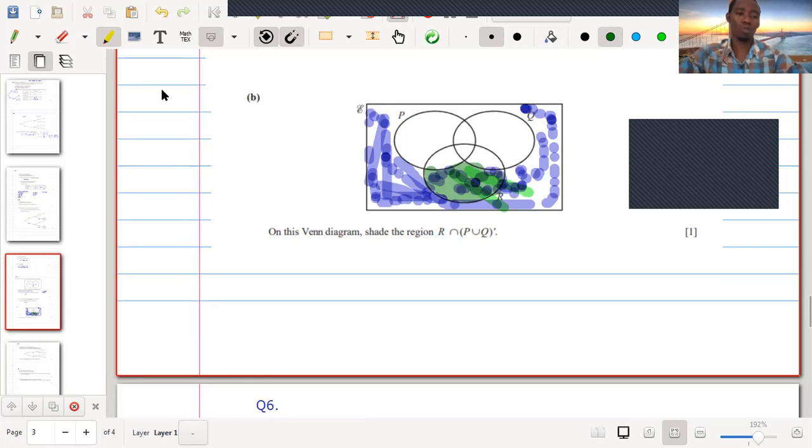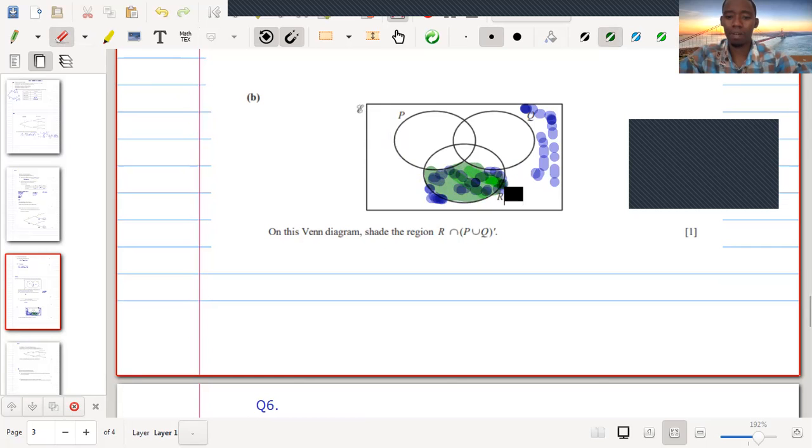I may leave out the stuff I don't need. Like here, I only need that part, that last region I shaded. So my answer should be that part only. So this is my answer.